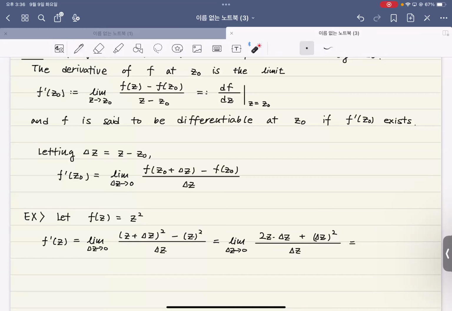Therefore, we have a delta of z on top of this fraction, so I can cancel these out. So it's 2 times z, exactly the same as we expected from the real derivative.